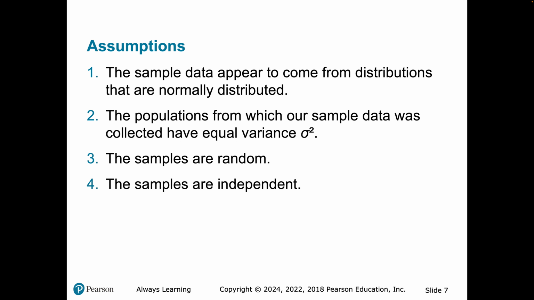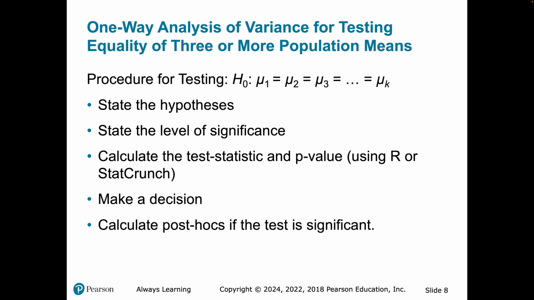Independence is going to be an assumption for most of the tests, not all, but most of the tests that we study. For example, a dependent samples or a matched pairs t-test, which we studied in the last lesson, the samples aren't independent, so that wasn't an assumption, but it is here.